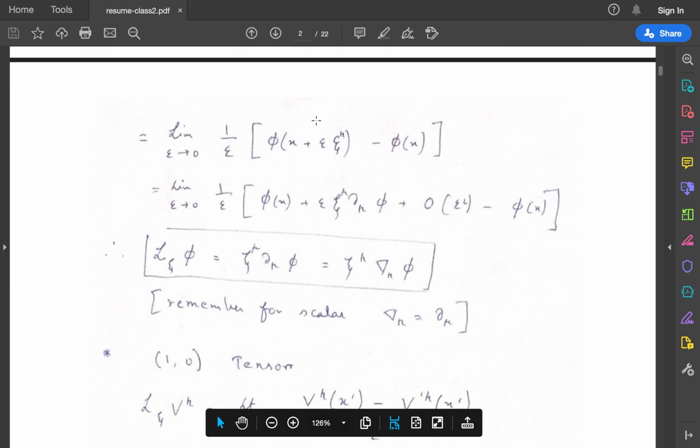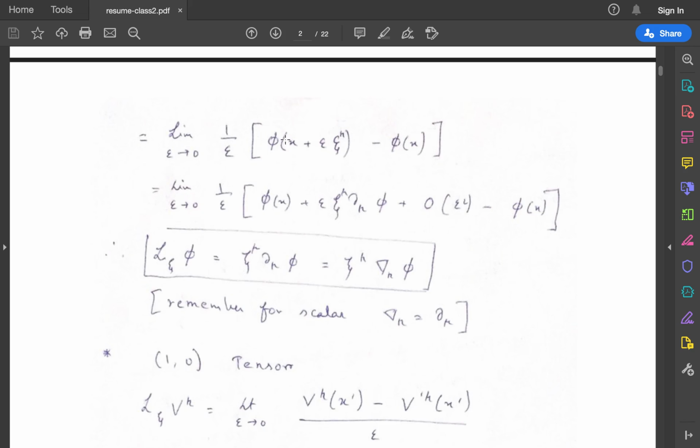Now let us expand this phi around x, a general Taylor expansion. This gives first phi as a function of x, and then the partial derivative of phi with this factor, and all the higher orders of epsilon go to 0 by our assumption and the choice of epsilon.